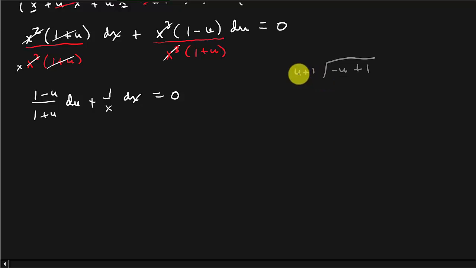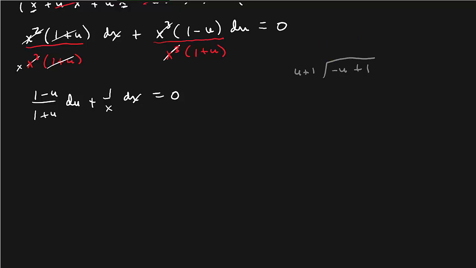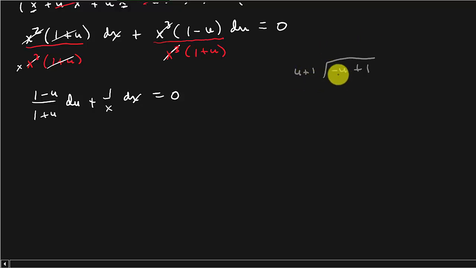Remember, this is going to be u times negative 1, which is negative u, so that's negative 1. Then we multiply negative u minus 1, change the signs and add, so that's 2.